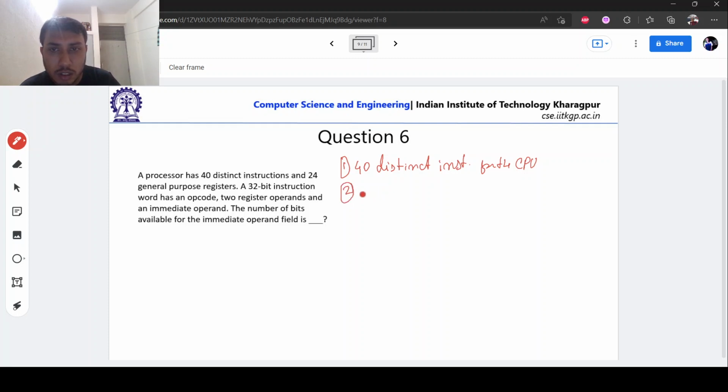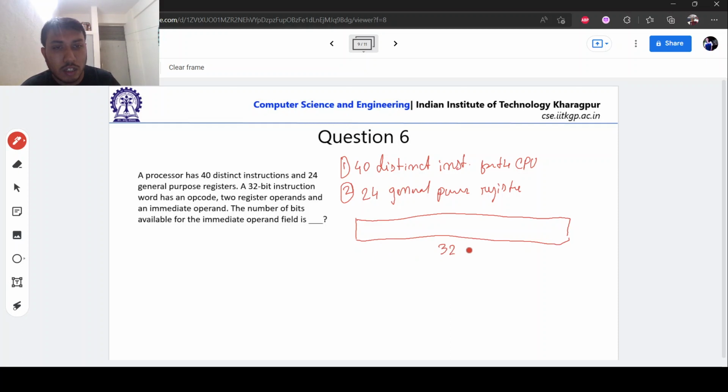Number two, the CPU has 24 general purpose registers. And it is said that the instruction is 32-bit.